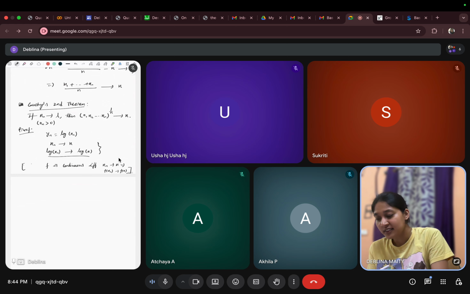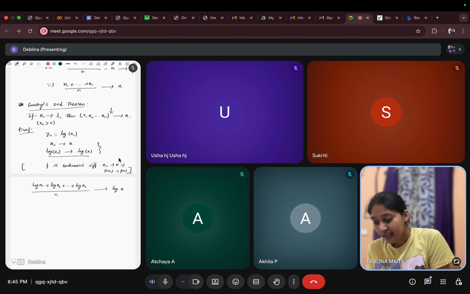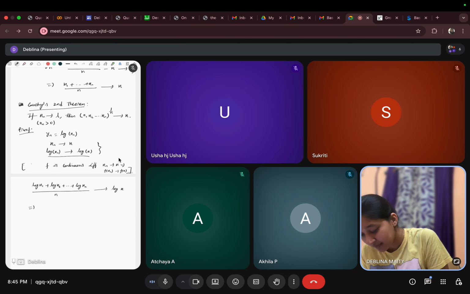Now by the first theorem of Cauchy, (log x1 plus log x2 plus ... plus log xn) by n is also going to be log x, since log xn converges to log x. And what is this thing?